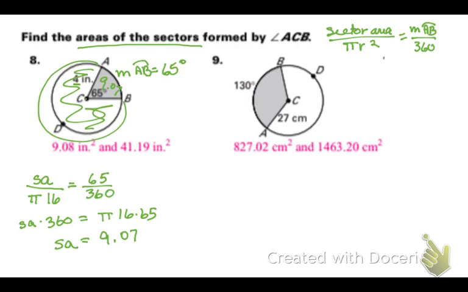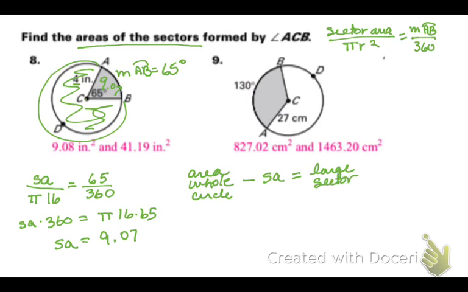If you take the area of the whole circle and you subtract the sector area that we just calculated, you're going to end up with this larger part. It's actually a large sector.